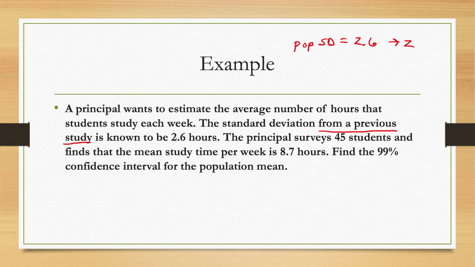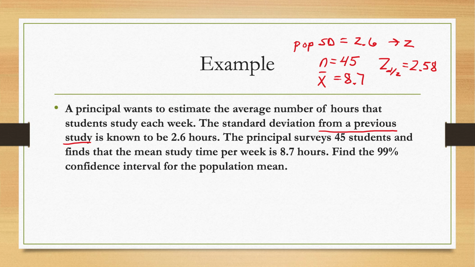So I know that he surveys 45 students, so that's my n value. He finds that the mean is 8.7, so that's my x bar. 99% confidence for the z-score would be 2.58. And we know the standard deviation of the population is 2.6. So we have everything we need.